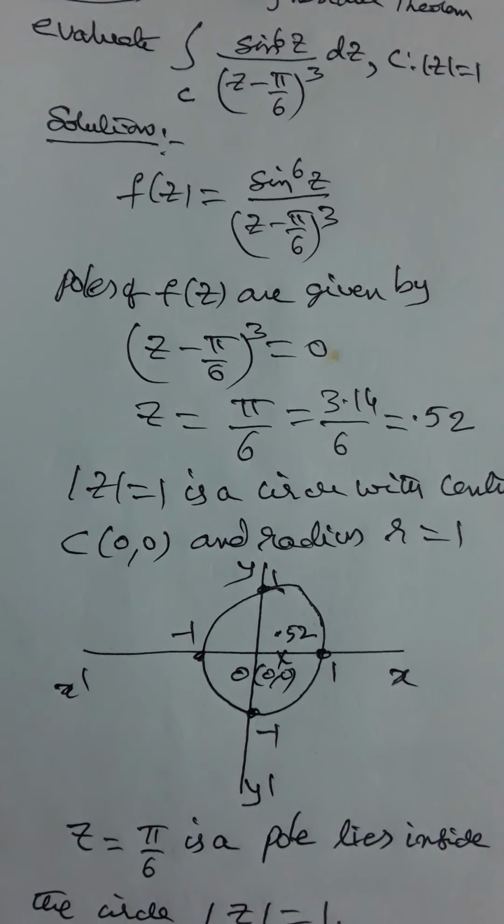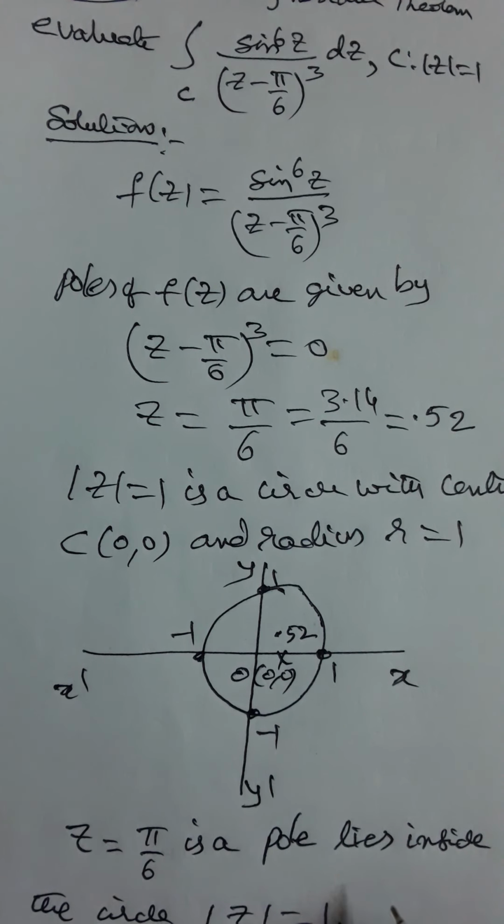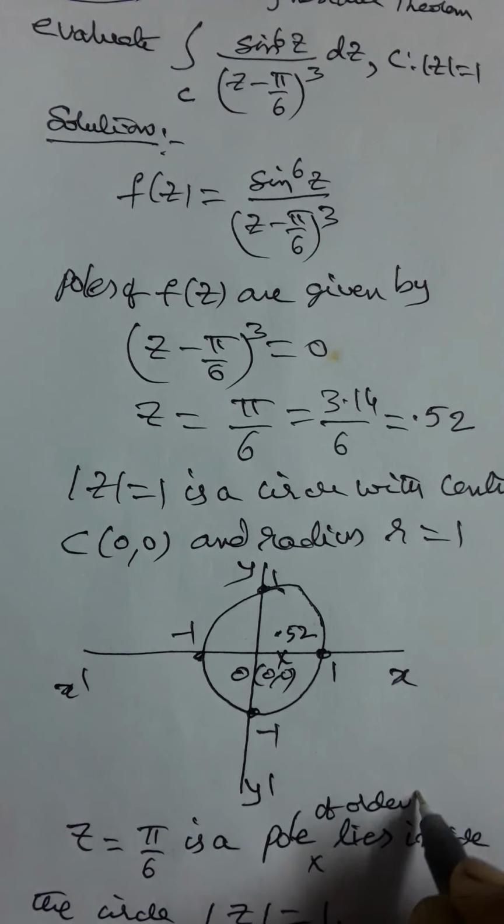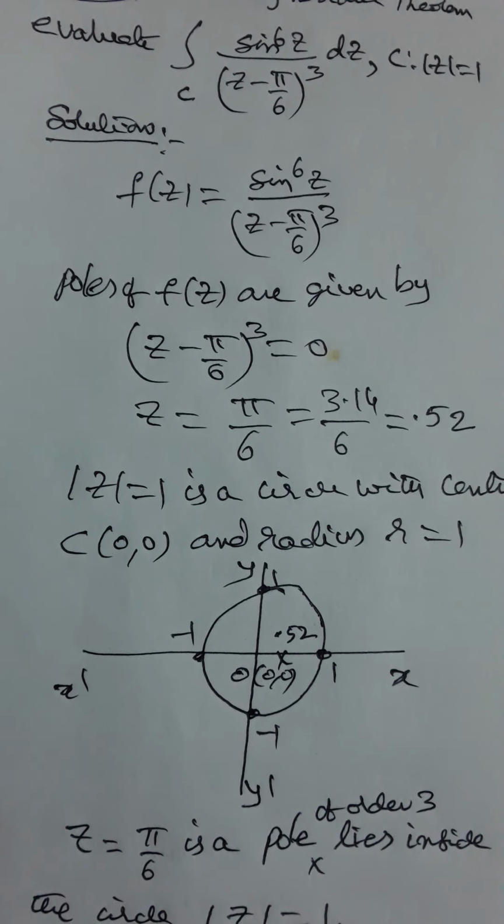It is a pole of order 3 and lies inside the circle mod z is equal to 1.